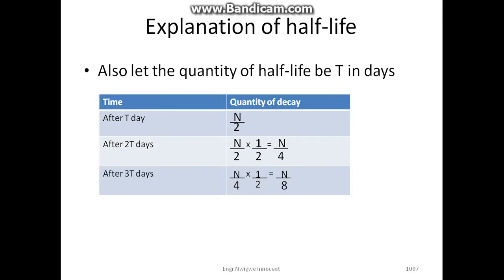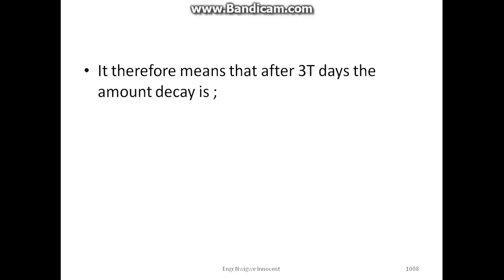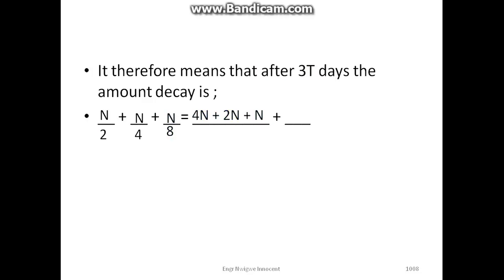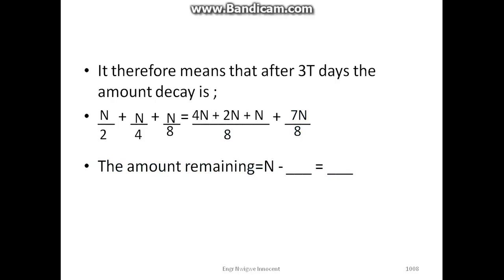After 3T days, quantity of decay is equals to N over 4 times half, which equals to N over 8. It therefore means that after 3T days, the amount decayed is N over 2 plus N over 4 plus N over 8, which equals to 4N plus 2N plus N all over 8, which is 7N over 8. The amount remaining is equals to N minus 7N over 8, which equals to N over 8.